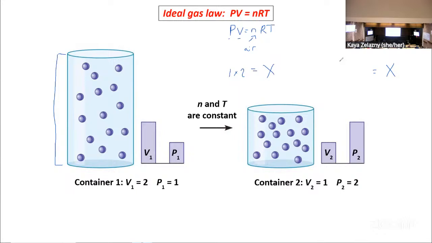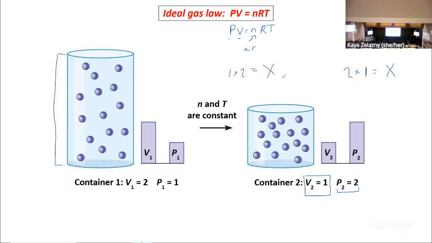Now when we have a volume of 1, we've cut this in half. To have this all stay the same, our pressure doubles. So 1 times 2 is the same as 2 times 1. So we've got this inverse relationship here.